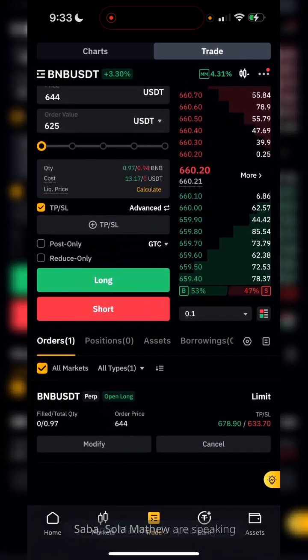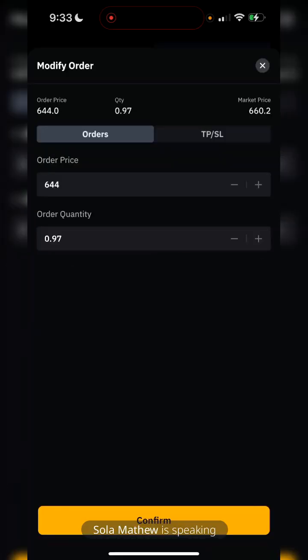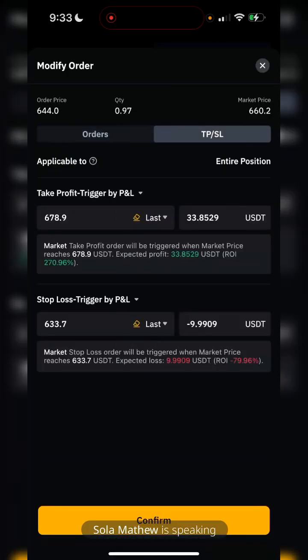So there are two ways to do this. When the trade gets to the stop loss or take profit that we set, there are two things that can happen. If the trade goes to profit, once the price gets to 678.9, the trade is going to stop automatically.